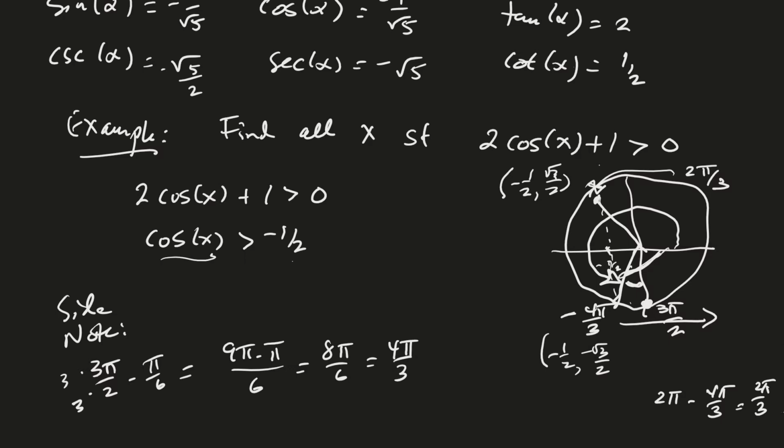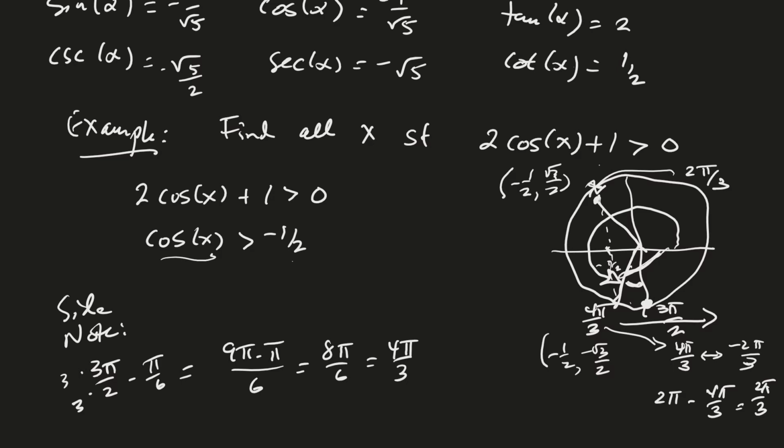So, oops, wait a minute. 2 pi, is that right? Ooh, let me correct that real quick. So, this is actually positive 4 pi over 3, right? Or you could write 4 pi over 3 as the same thing as minus 2 pi over 3, right? Depending on how you want to measure the angle.